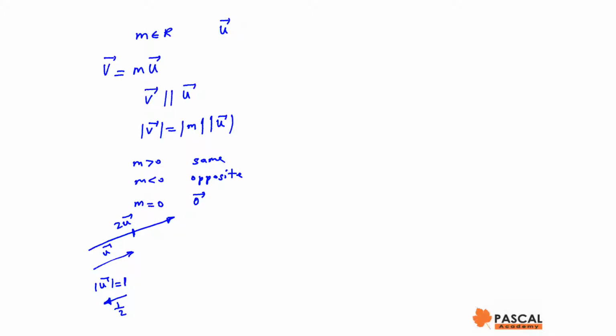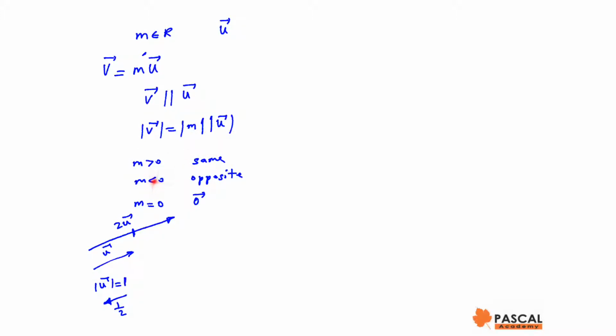Scalar product. Let's assume M is a number and U is a vector. MU is called scalar product of M and U. By definition, MU is a vector parallel to U. Magnitude of MU is absolute value of M times magnitude of U. If M is positive, MU and U have the same direction.